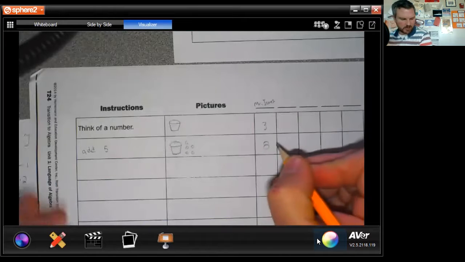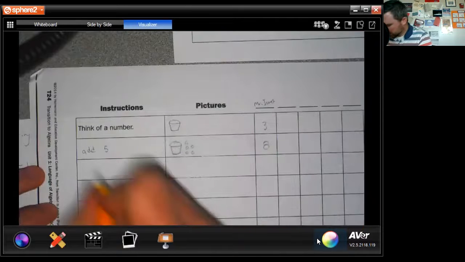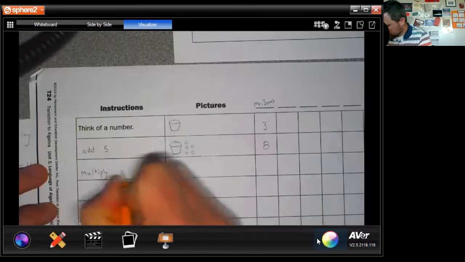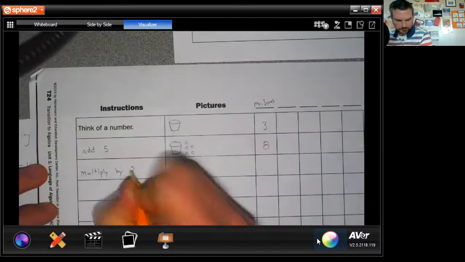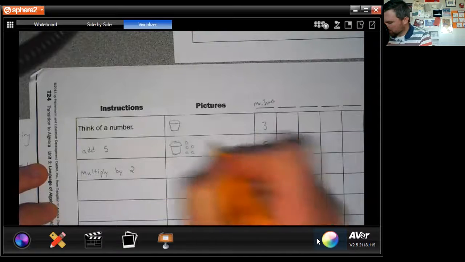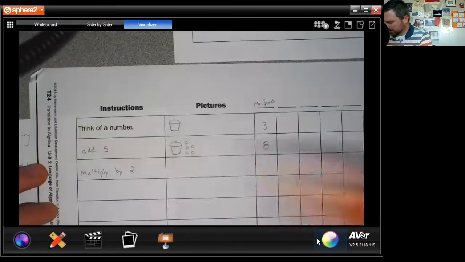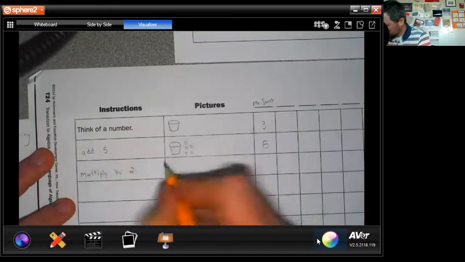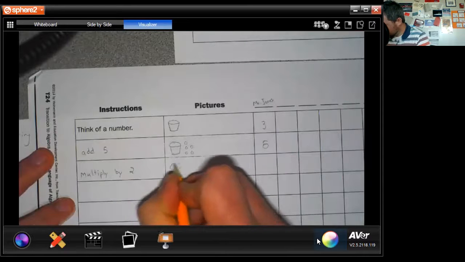Okay, and then our next step was multiply by 2. So we're actually taking this whole thing and multiplying it by 2. So if I take one bucket and multiply it by 2, now I actually have 2 buckets.